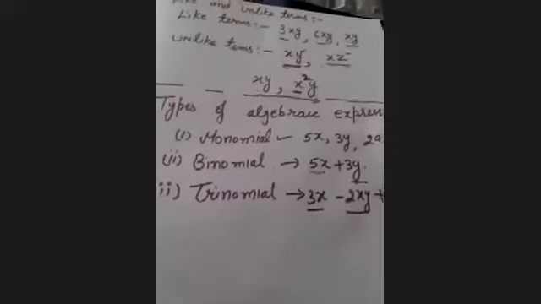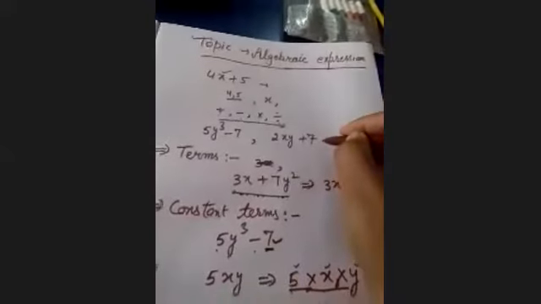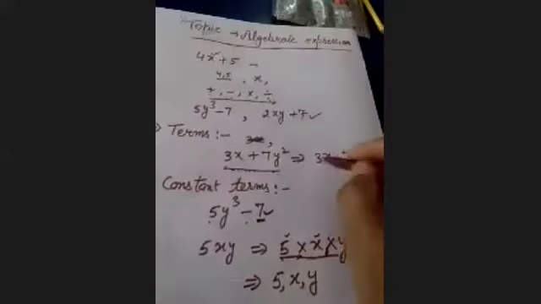So first we'll discuss what an algebraic expression is. The collection of constants and variables which are joined with the help of four operations is known as an algebraic expression. Next, terms. What are terms?